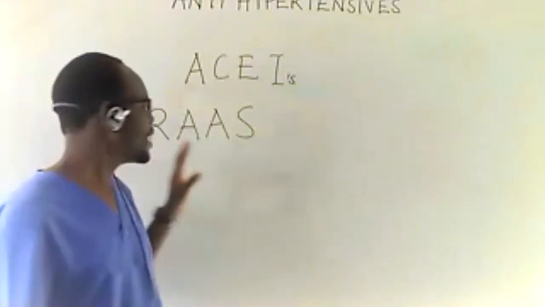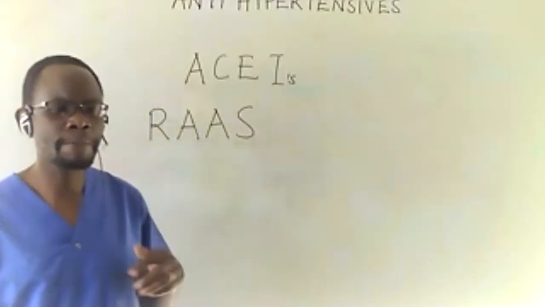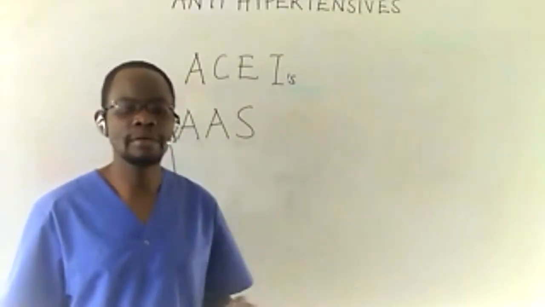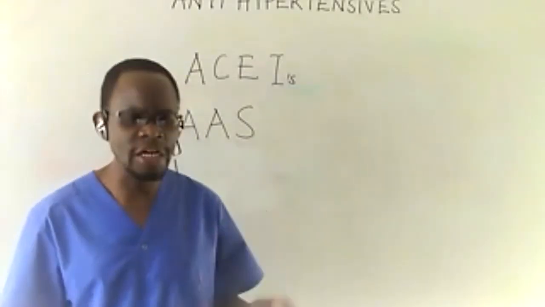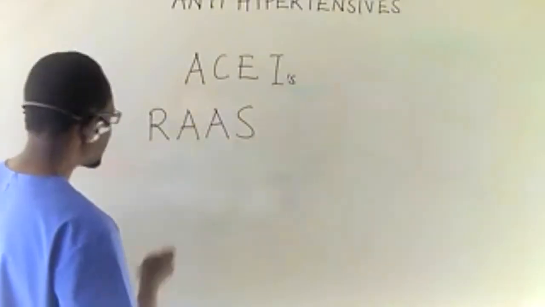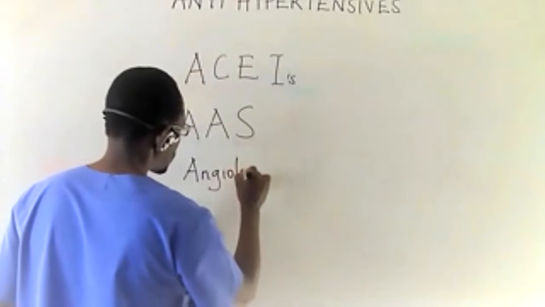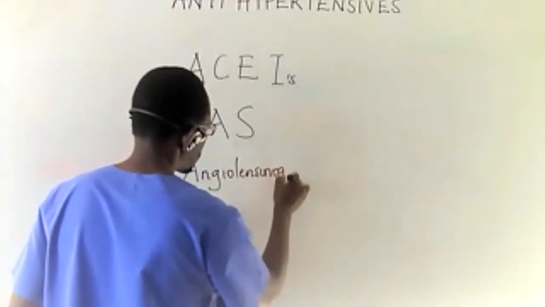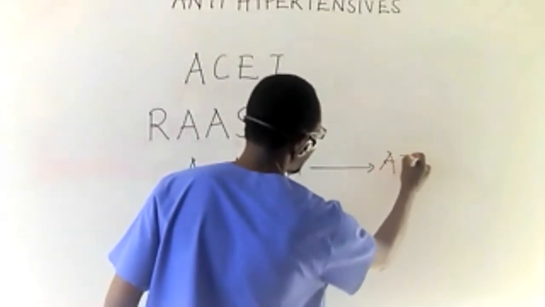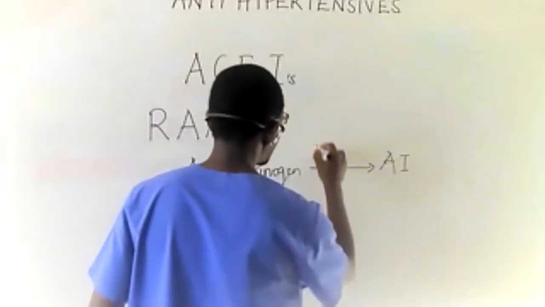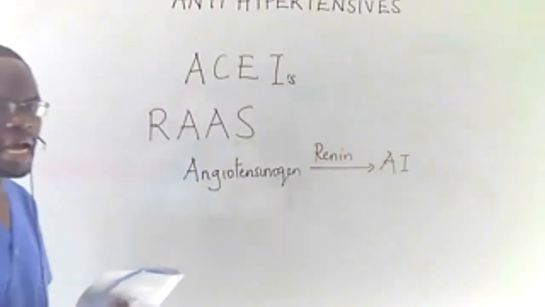So renin converts angiotensinogen to angiotensin 1. Is that clear? Angiotensinogen is converted to angiotensin 1 by an enzyme called renin.